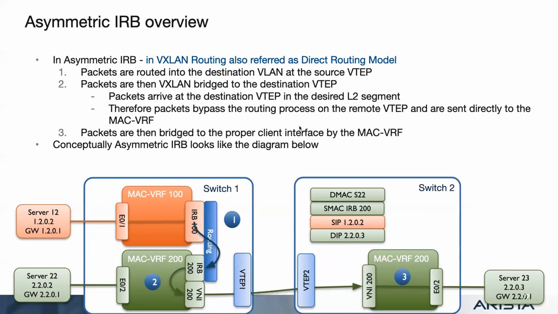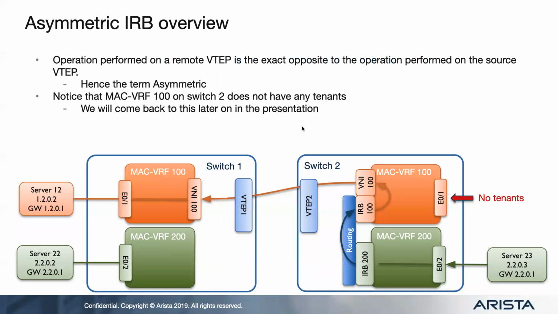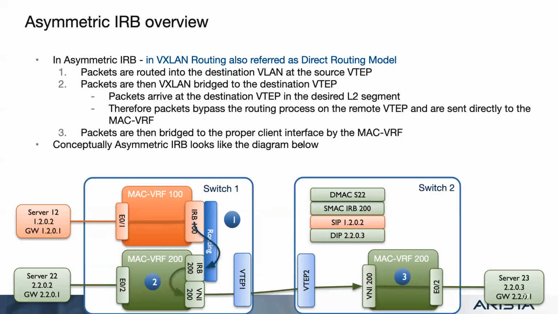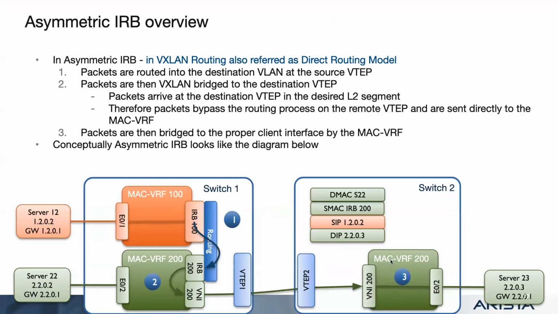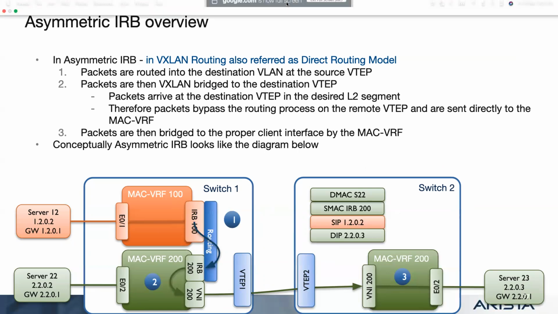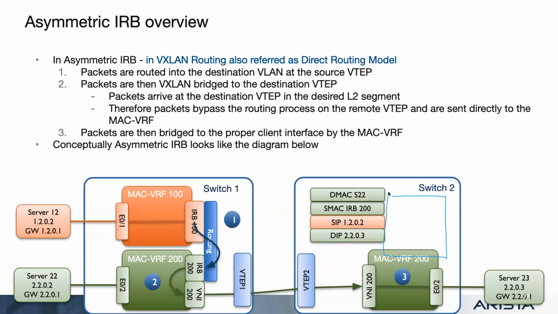So now we have discussed the forward path. Now let's talk about the reverse path, the reverse traffic. In asymmetric IRB, as you noticed in the previous one, we do not have an SVI for VLAN 100 here.